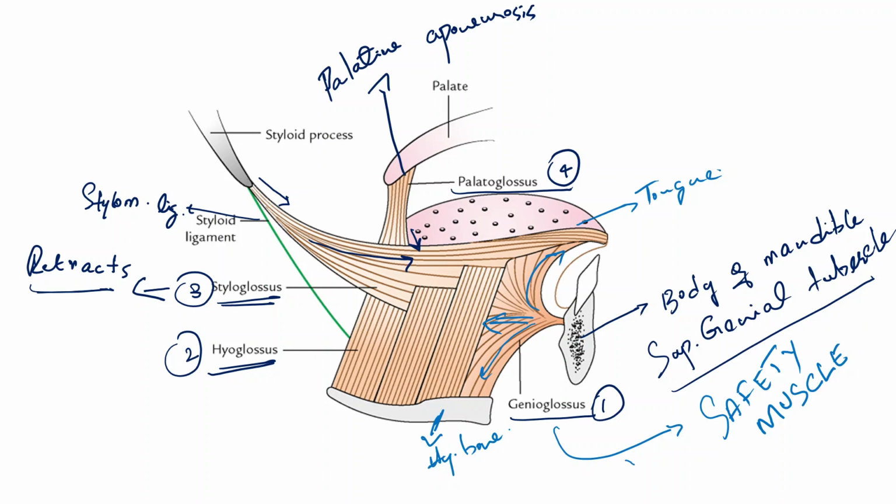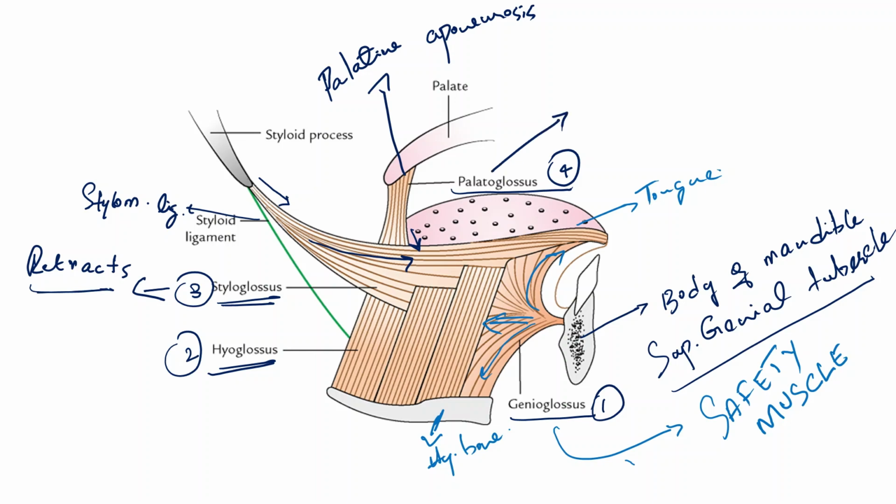The action of the palatoglossus muscle is mainly bringing about the elevation of the base of the tongue and thus narrows the oropharyngeal isthmus. So this is the important action regarding the palatoglossus.